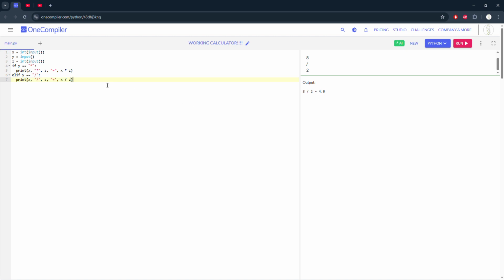Next we make our third condition, another elif. Now this is going to be our plus, sorry. So if y is equal to a plus mark, we're going to write print, as always.